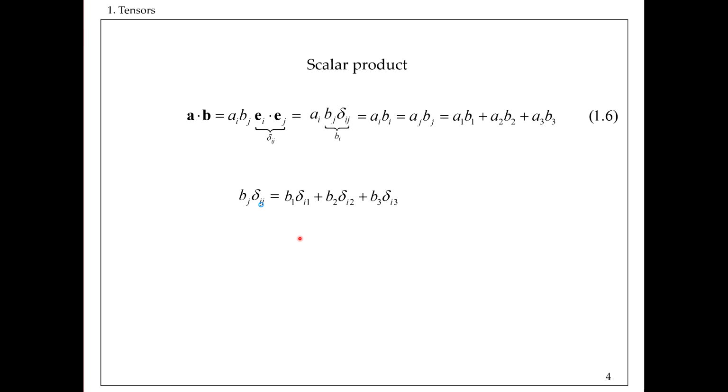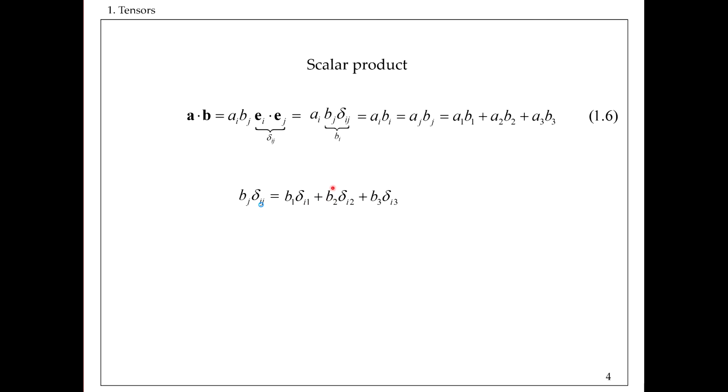Now, for example, I would like to write the component of this multiplication where i is equal to 1. If I want to do that, I put i equal to 1 here. That means it will be b1 multiplied by delta_11, and we remember delta_11 is 1 because it's on the diagonal and these indexes are exactly the same.